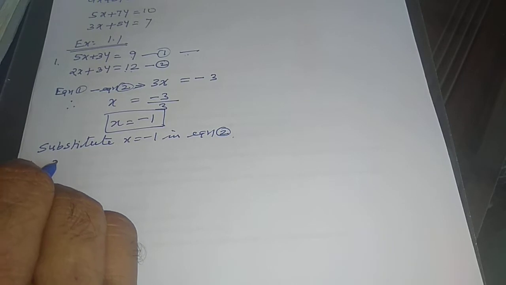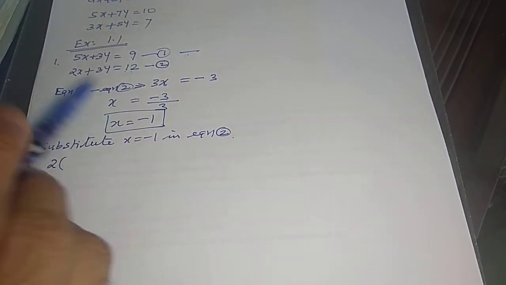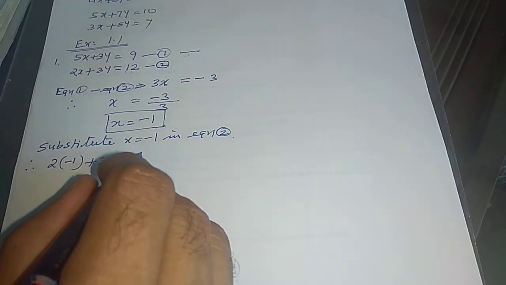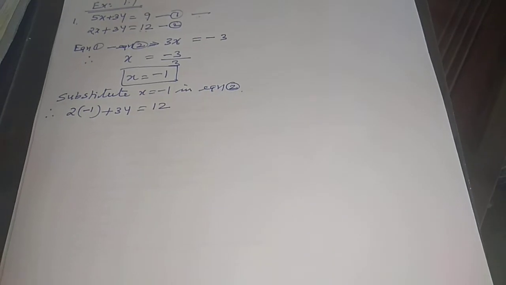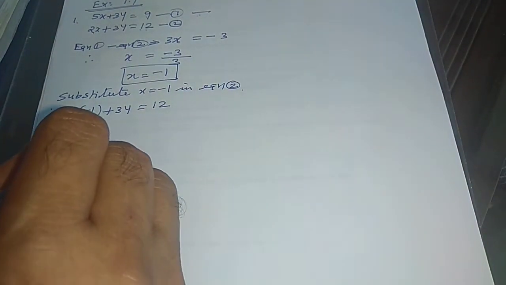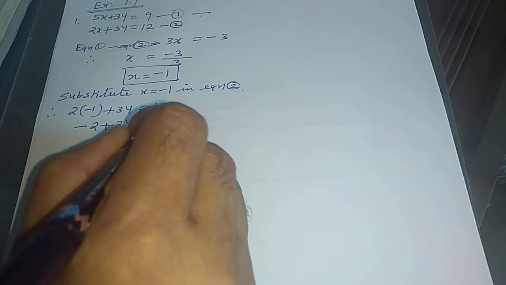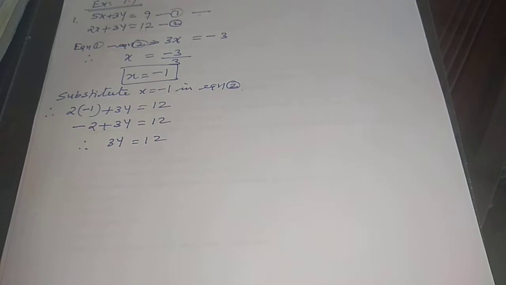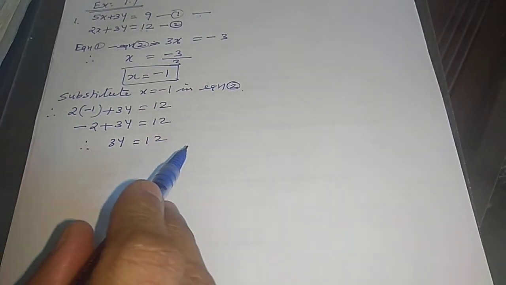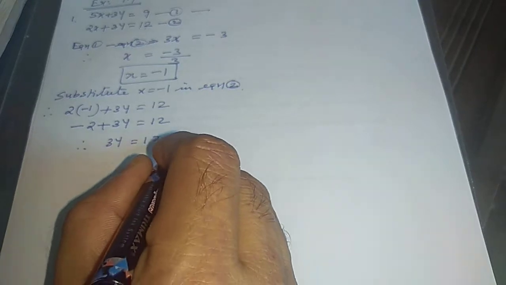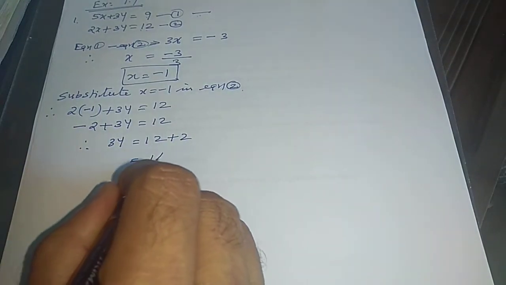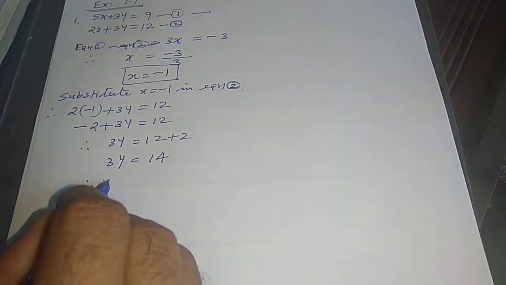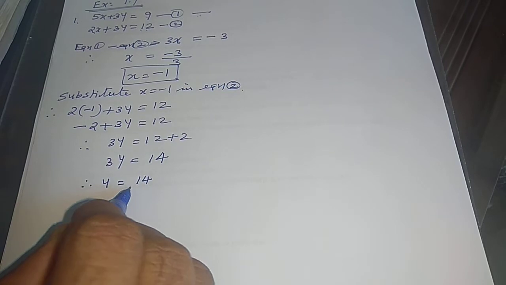Equation 2 is 2x, 2 into minus 1, minus 2, plus 3y is equal to 12. Then this minus 2 goes to that side as plus 2. 12 plus 2, 14. 3y is equal to 14. So y is equal to 14 upon 3.